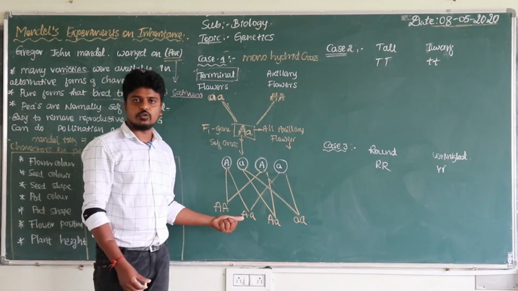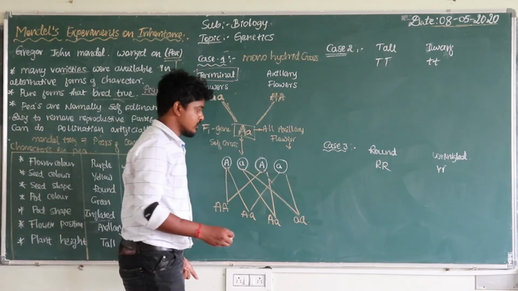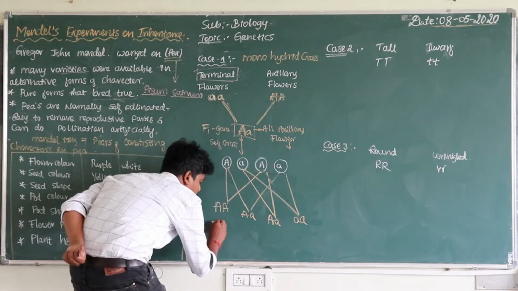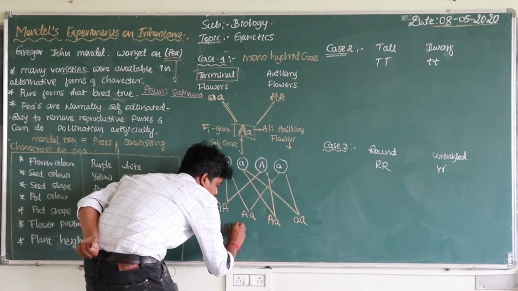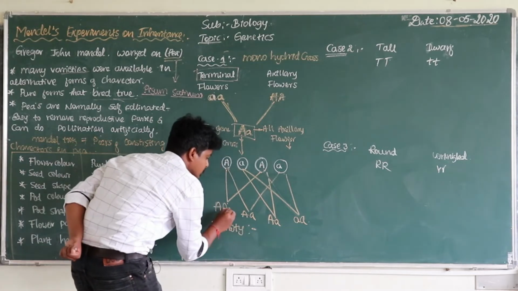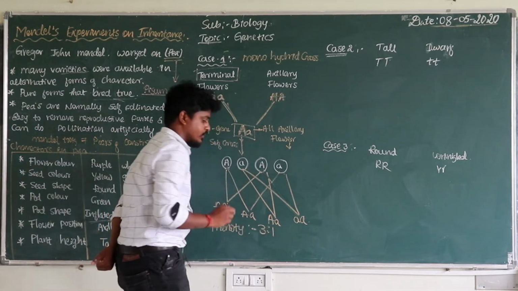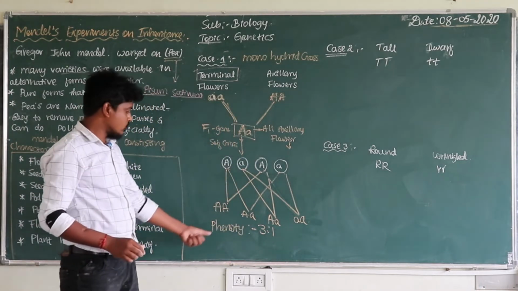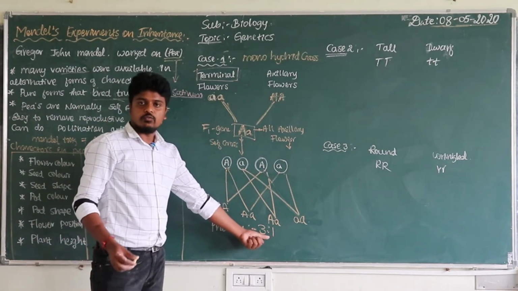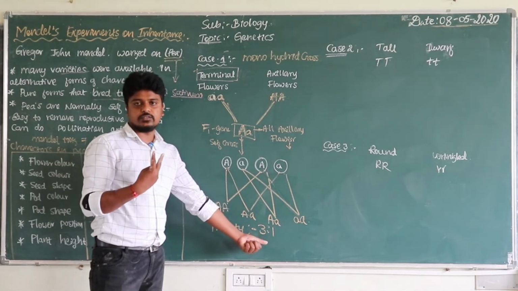Have you understood? Such characters we call phenotypic. Phenotype, that is 3:1. They are called phenotypic, whatever is visible. Understood?